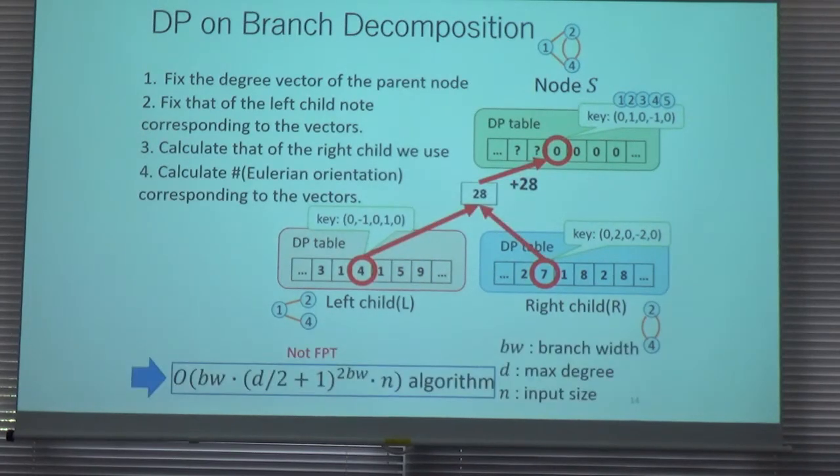By some analysis, this time complexity works in this form. However, this time complexity includes another parameter, which is the maximum degree. In this sense, it is not an FPT algorithm.